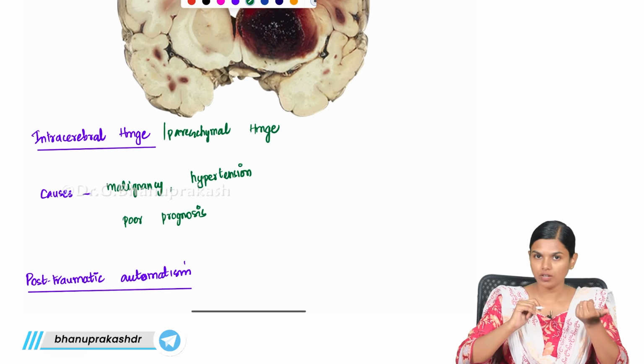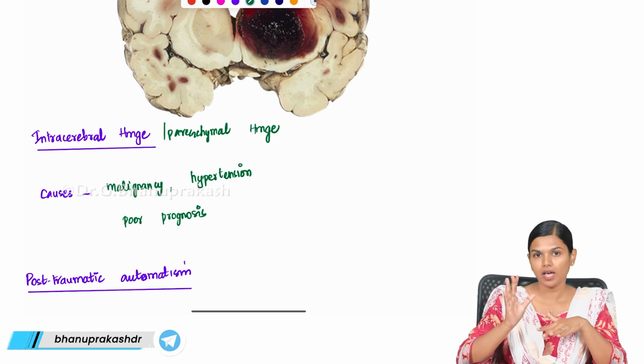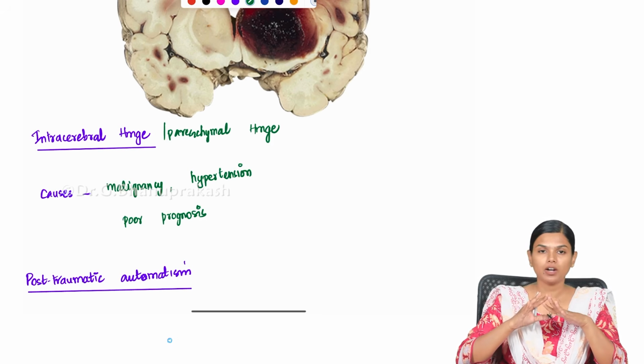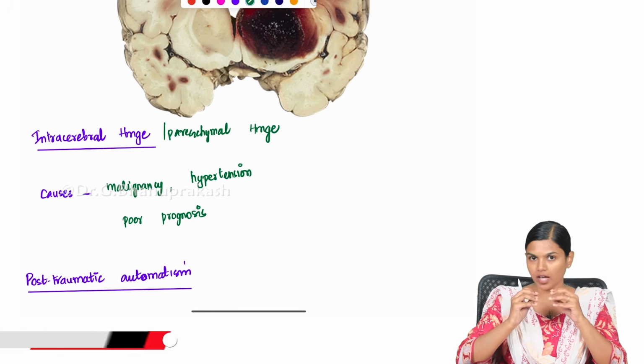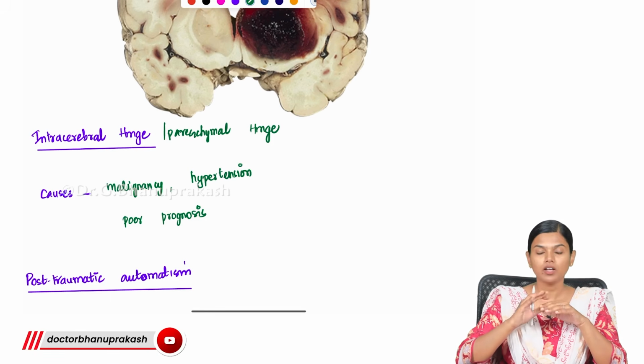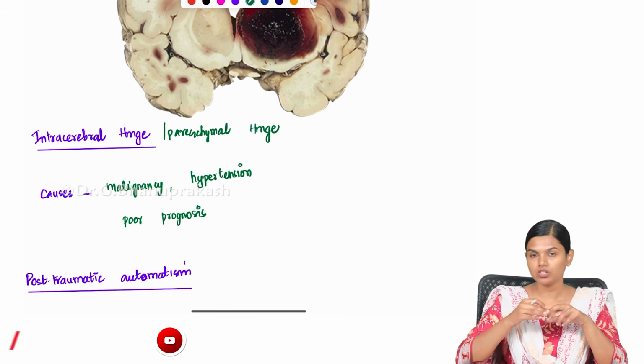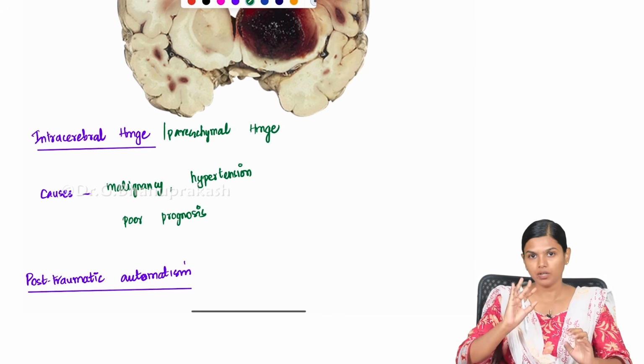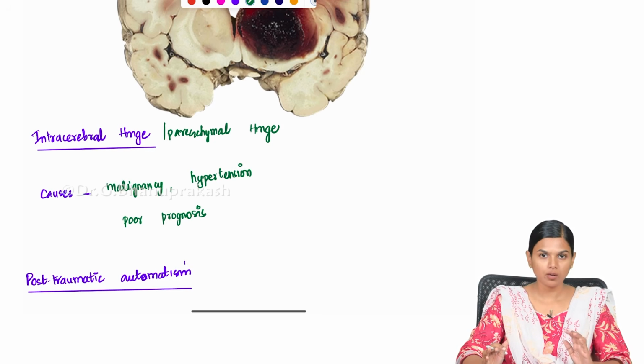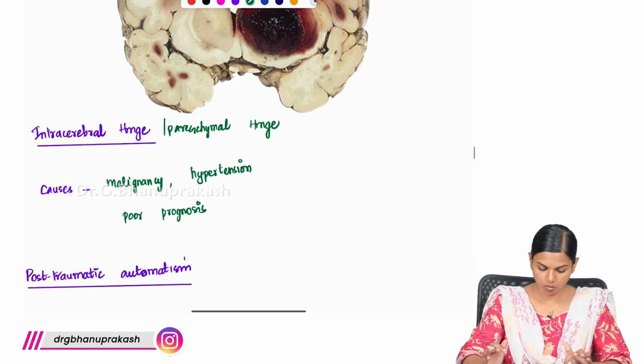If it washes away, it is subdural. If it does not wash away, it is subarachnoid. And this subarachnoid mostly due to trauma and sometimes due to pathological condition like aneurysmal rupture, it can happen. And finally, you have the parenchymal hemorrhage, which is mostly pathological. You have some malignancy, or you can have this hypertensive bleed which will lead to the parenchymal bleeding. So these are the important brain hemorrhages that we have to know.